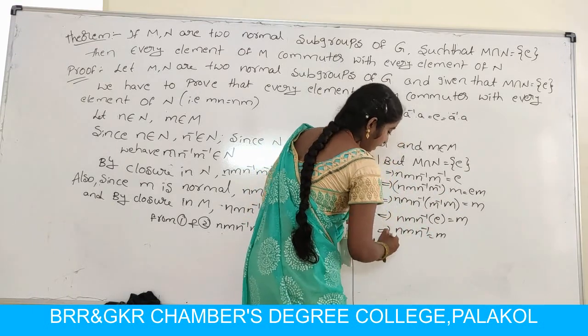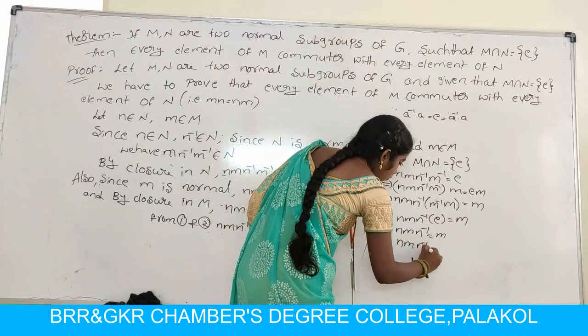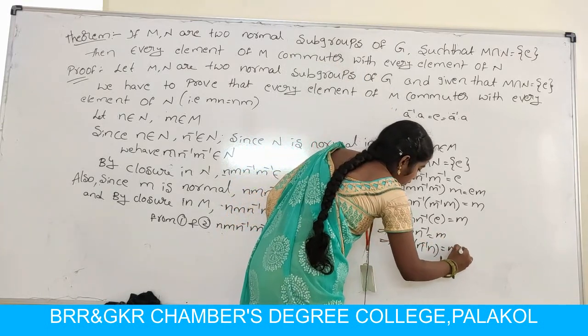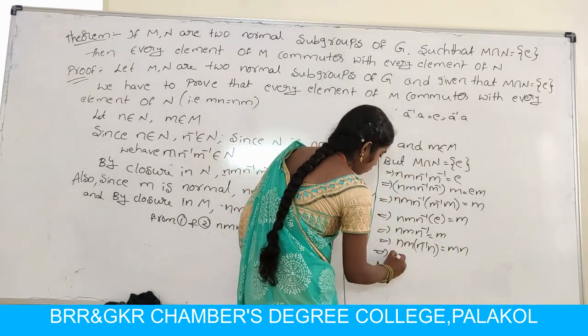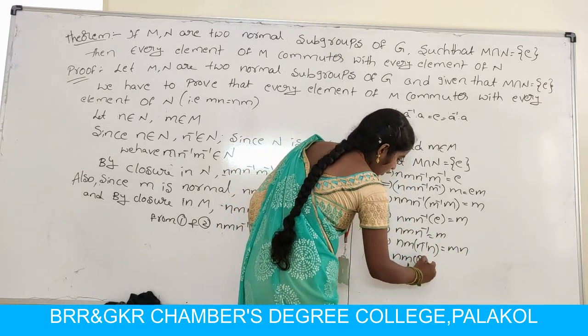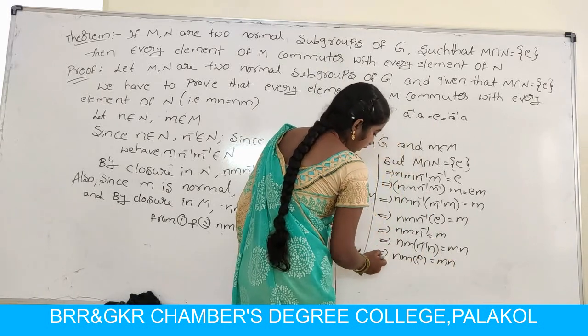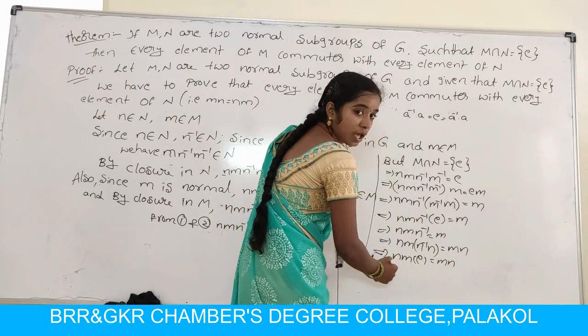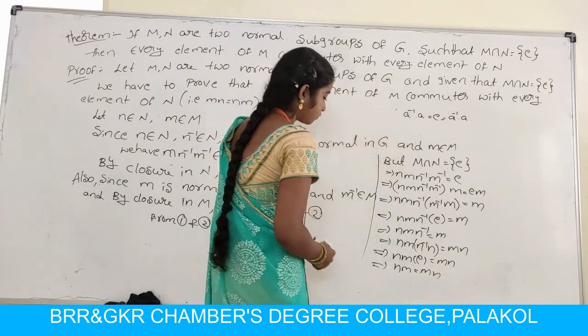So multiply on both sides by n. So n inverse into n into M into n. n inverse into n is E, so E into M n. Already you know that E is the identity element, so it can be written as nM equals Mn.